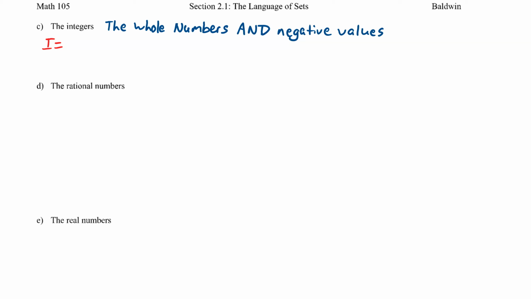So we notice that our natural numbers are just those positive whole numbers, 1, 2, 3, and so on.